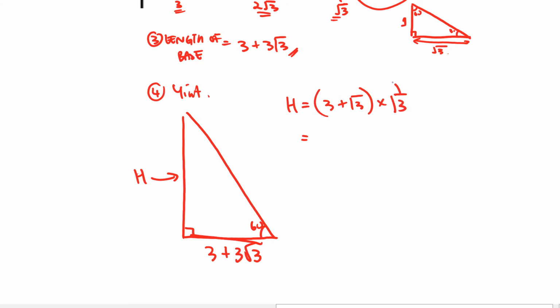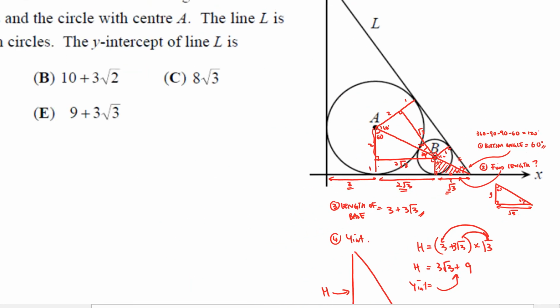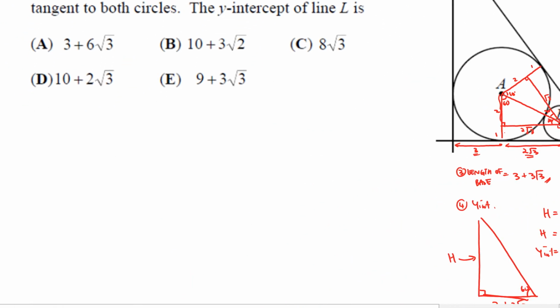So this gives me 3 times root 3 is 3 root 3, plus 3 root 3 times root 3 is 9, and that will be your height. So that will give you your y-intercept, which is that. And so therefore, the answer for this question would then be, let me see, not A, not B, not C, not D, but E for easy.